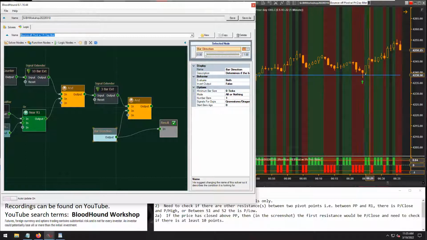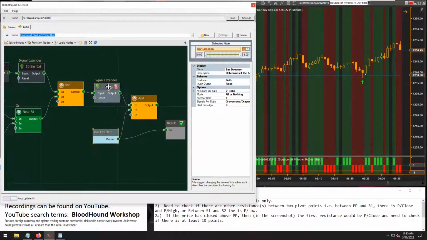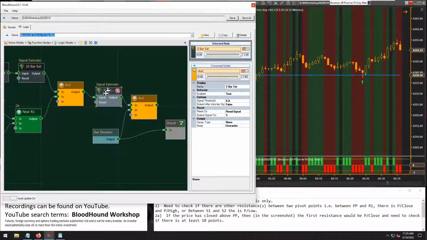So we can take that long output and feed it into the reset of the signal extender and turn the signal extender off. But we don't want to turn it off on the actual up bar. We want to wait 1 bar, so we reset it 1 bar later.